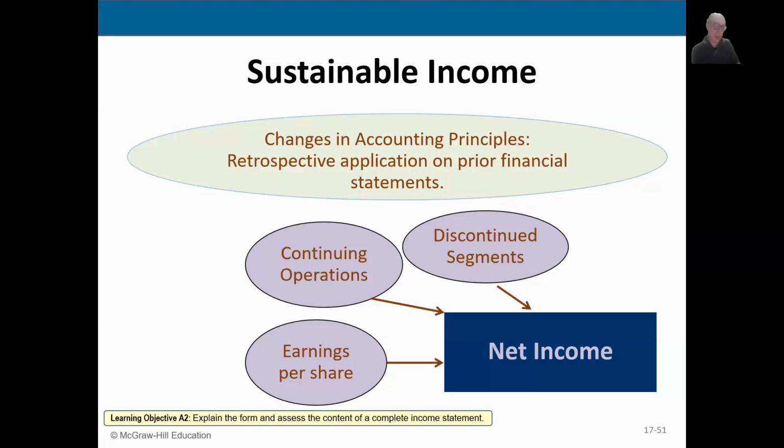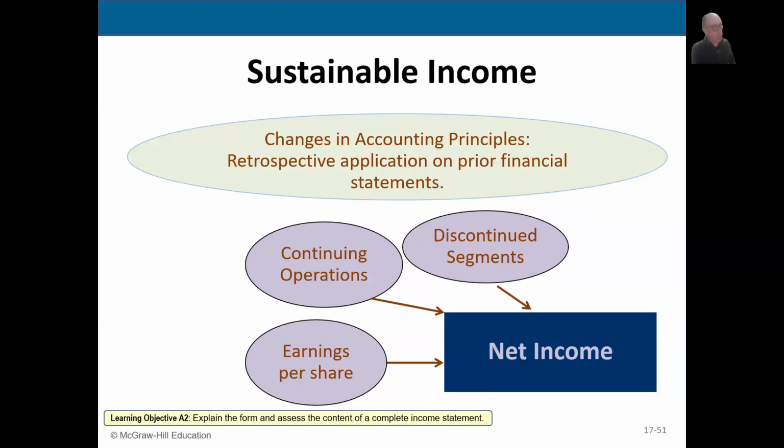In this, we look at possibilities, scenarios of things like what operations will be continued, what might be discontinued or no longer operating. We'll look at earnings per share, etc. All of these things are retrospective, meaning we look back and say, the company's currently doing this.